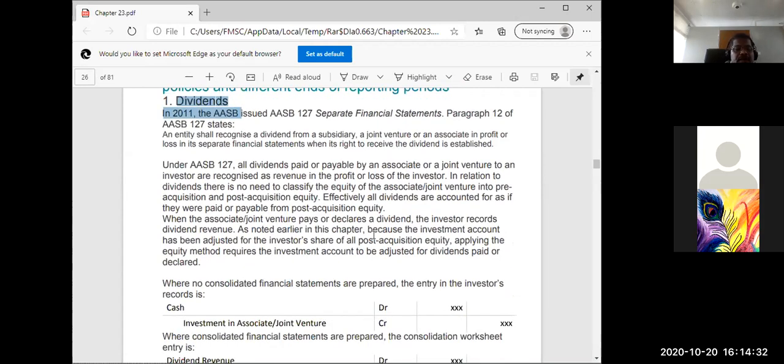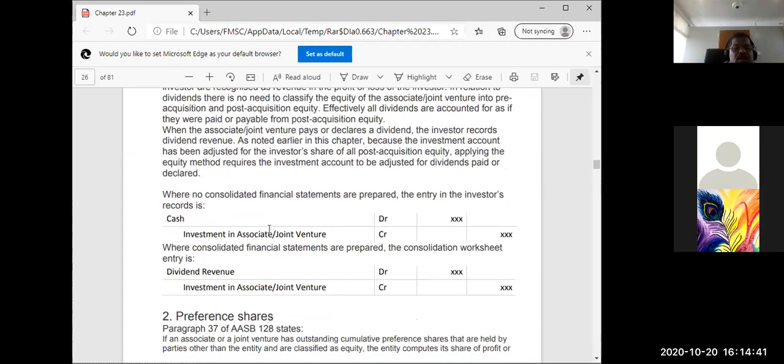When you talk about the dividend, if you have not prepared consolidated financial statements, the dividend journal would be cash debit, investment in associate or joint venture credit. But when you prepare consolidated financial statements, the journal entry is not dividend cash, it has to be dividend revenue.